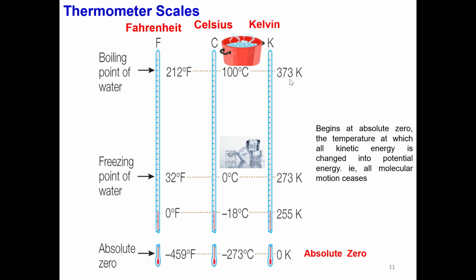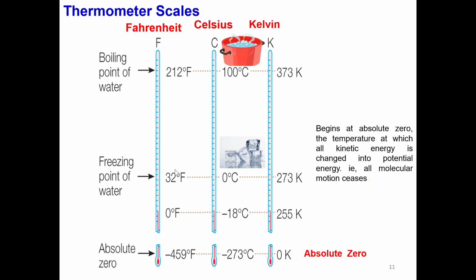One more thing I want you to see: between the freezing point of water and the boiling point of water, we have 100 divisions in the Kelvin scale and 100 divisions in the Celsius scale, but in the Fahrenheit scale we don't have 100 divisions.